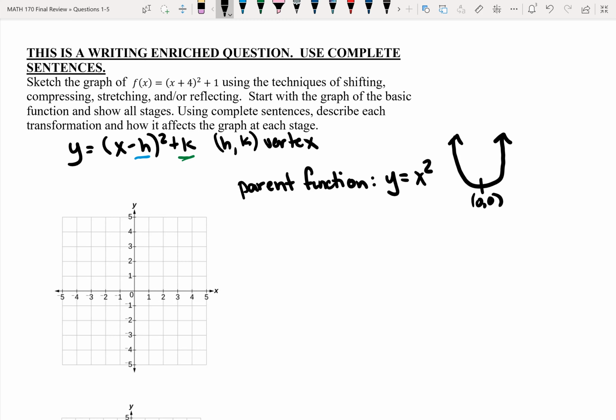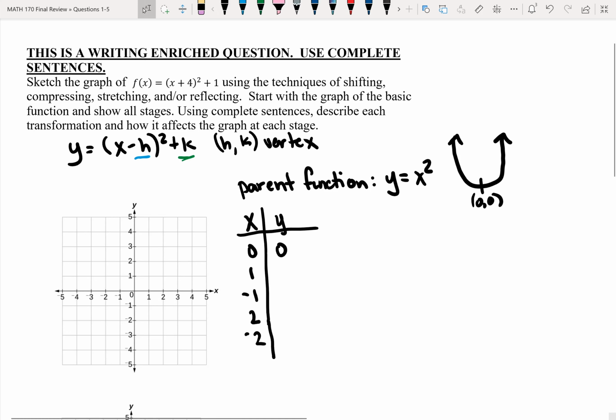Okay, so if we're not sure how to graph our parent function, we can use a t-chart. So we can say when x equals 0, then y would also equal 0, because 0 squared is 0. Okay, and we always want to know what goes on around the origin. So we would pick 1, -1, 2, and -2.